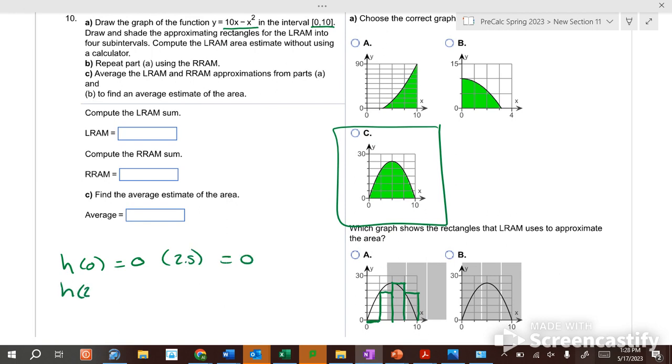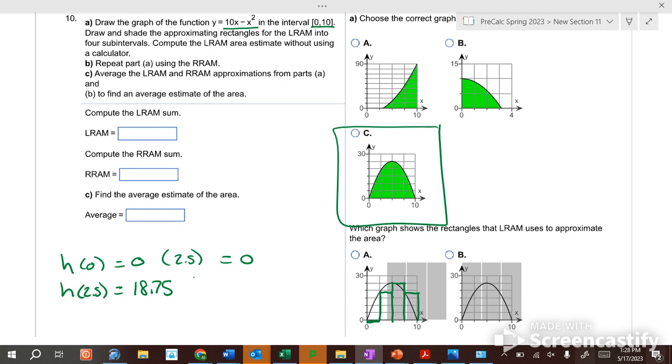The height at 2.5 is when you put 2.5 into this function. So 10 times 2.5 is 25 minus 2.5 squared. 2.5 squared is 6.25. So 25 minus 6.25 is like 18.75, right?